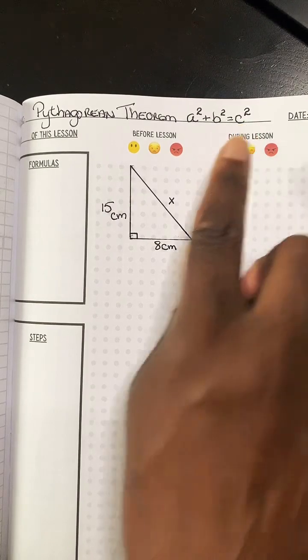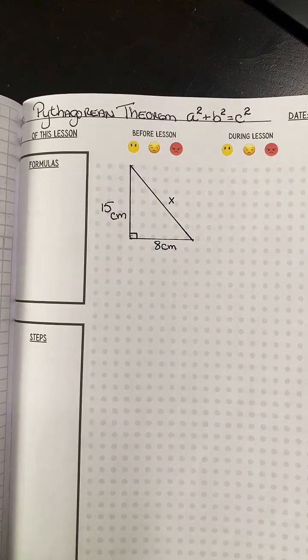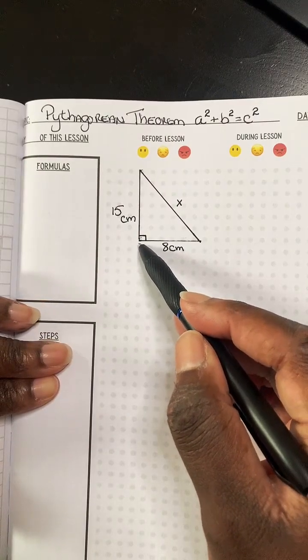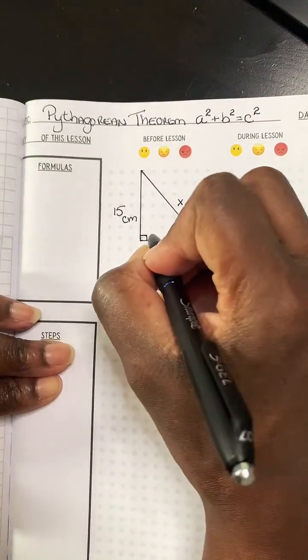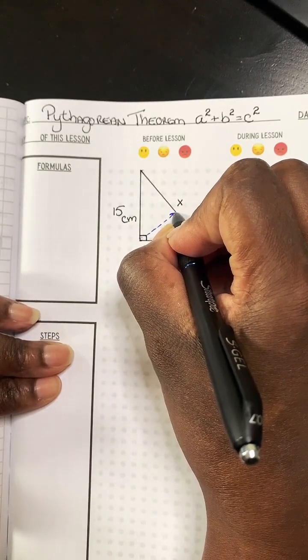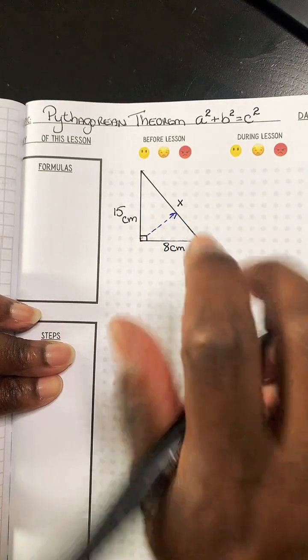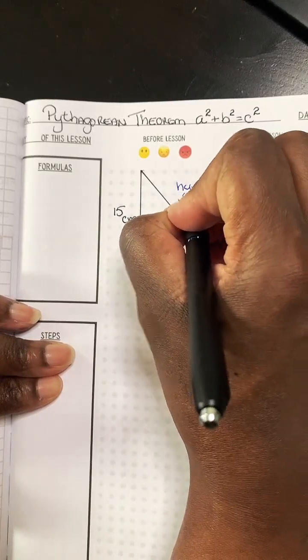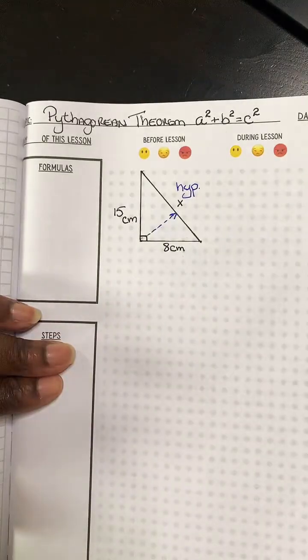The hypotenuse is always the longest side. This only works for right triangles. So if you look directly at the side across from that 90 degree angle, that's your longest side, your hypotenuse. I'm going to say hype for short.